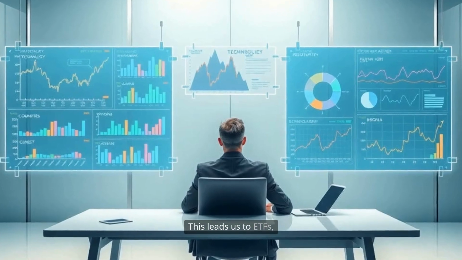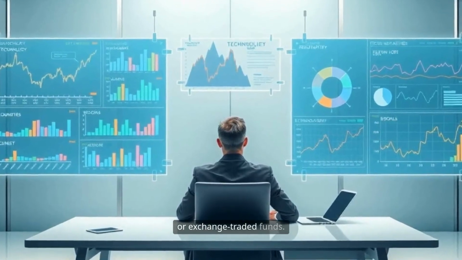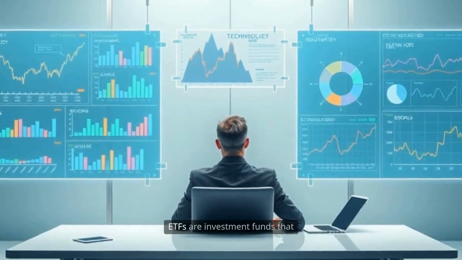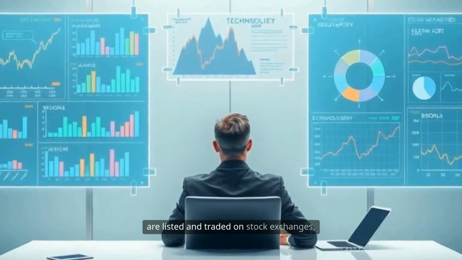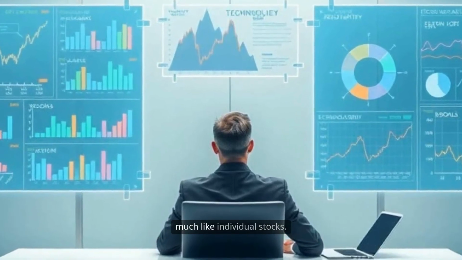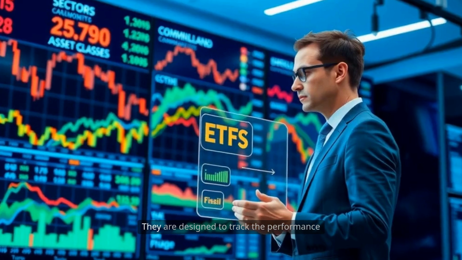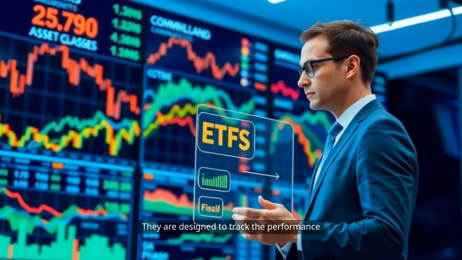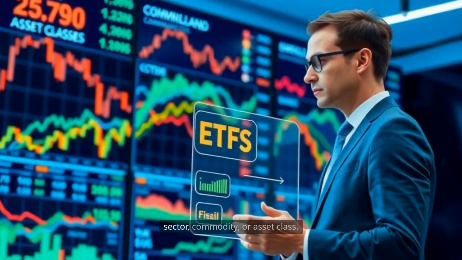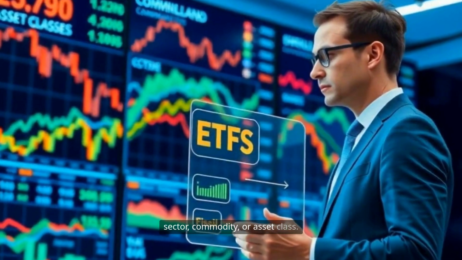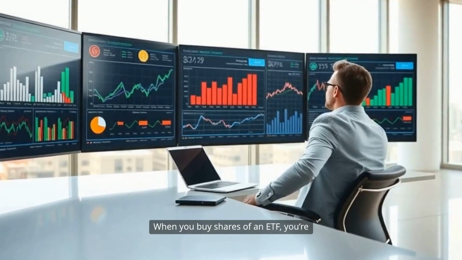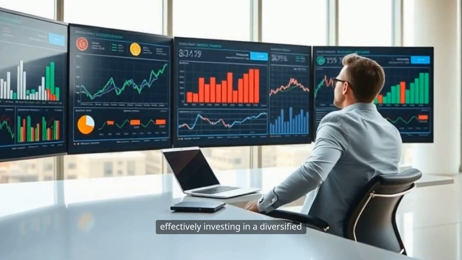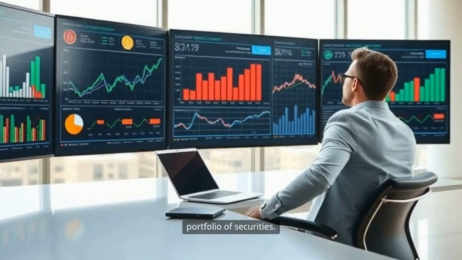This leads us to ETFs, or exchange-traded funds. ETFs are investment funds that are listed and traded on stock exchanges, much like individual stocks. They are designed to track the performance of a specific index, sector, commodity, or asset class. When you buy shares of an ETF, you're effectively investing in a diversified portfolio of securities.